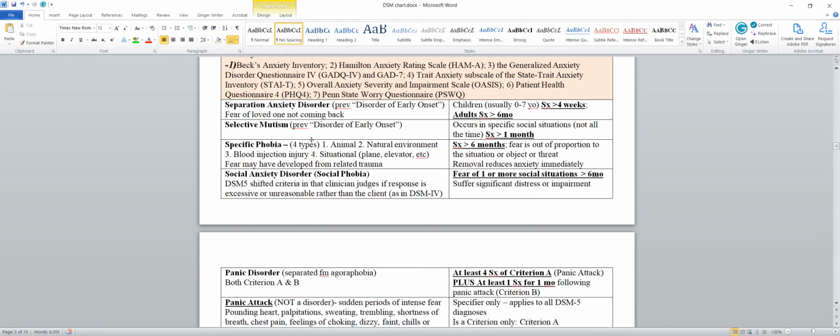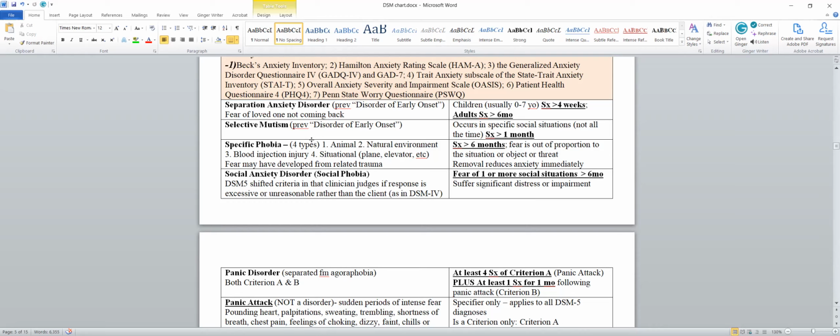Specific phobia, there are 4 types: animal, natural environment, blood injection injury, and situational, like on a plane or an elevator. Fear may have developed from related trauma.